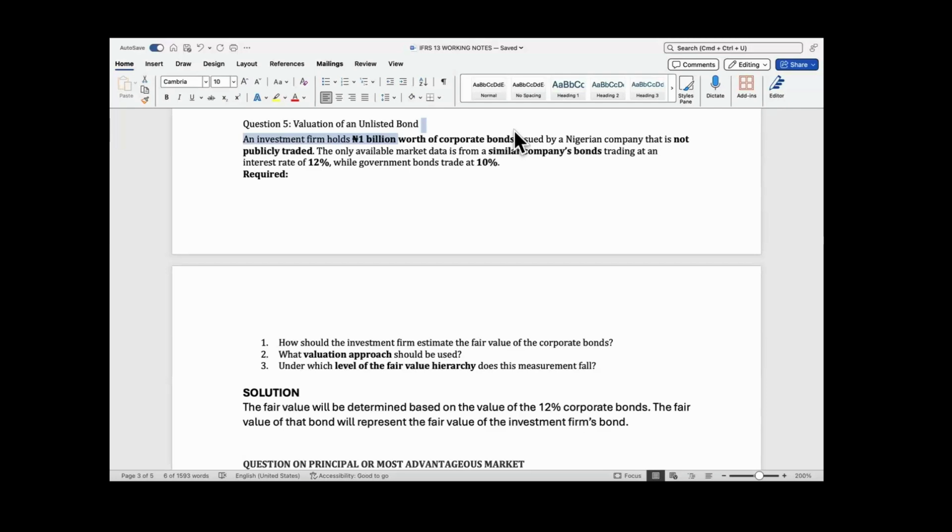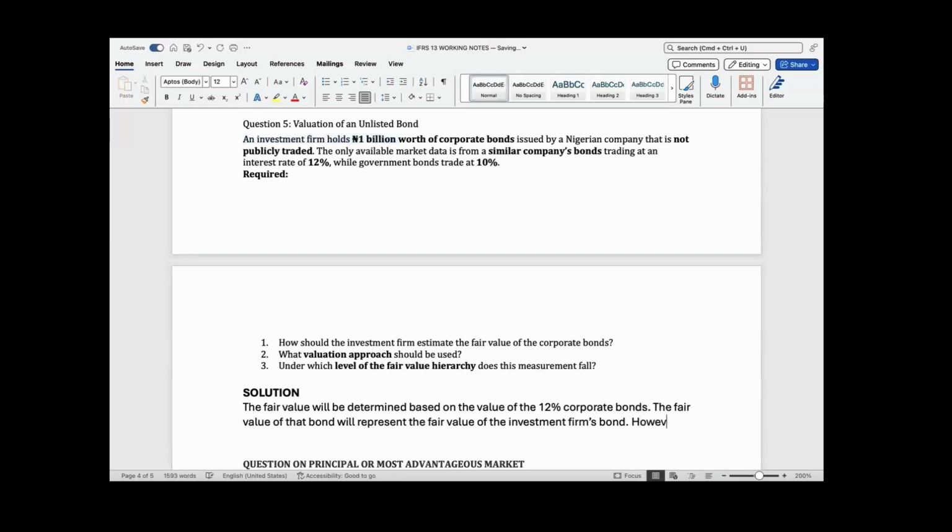So if you are a company and you have invested in a corporate bond that is not listed on FMDQ and you want to know its fair value, what's the market value, you can just go to FMDQ and look at the fair value of a similar corporate bond, probably from a similar company to the one whose corporate bonds you have invested in. So whatever their fair value is might represent your own fair value.